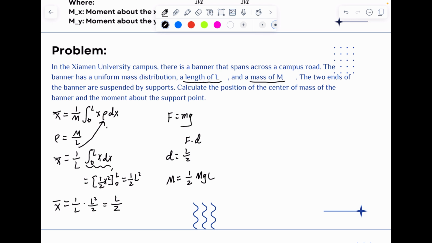Okay, maybe we can write the moment. So we get it. The position is L over 2, and the moment is 1 over 2 mgL.